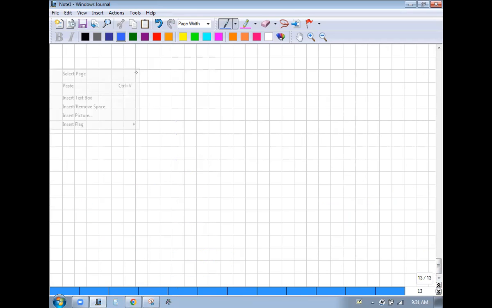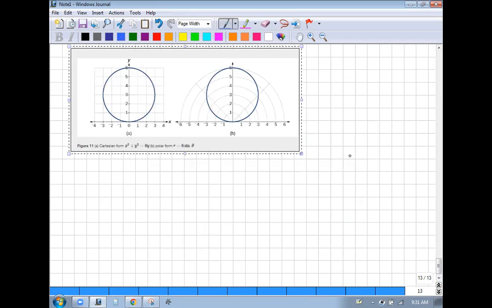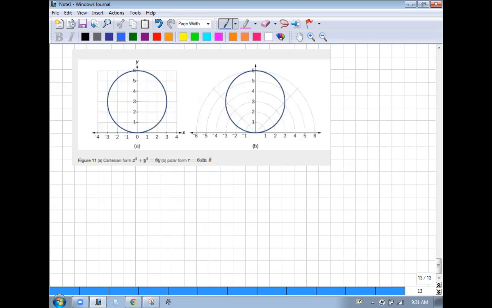Here's what it turns out to look like. So right here, at an angle of 0, you get r equals 0. At an angle of pi over 6, you get 3, right? At an angle of pi over 4, you're getting whatever that r is, right? At pi over 2, you get r equals 6, right?